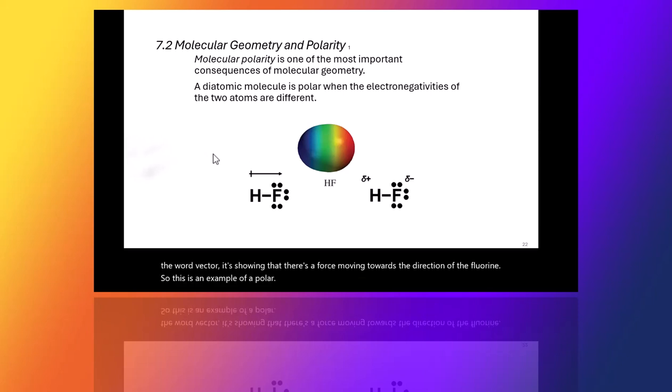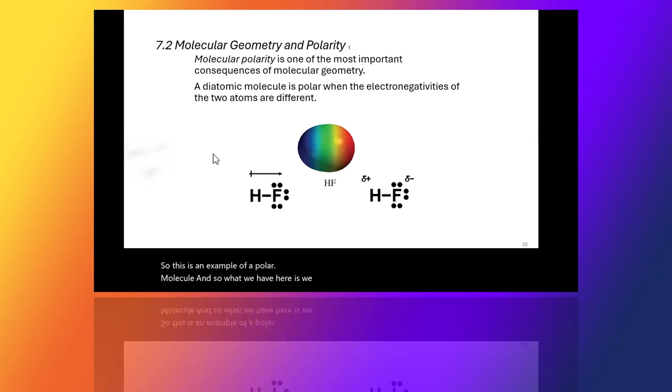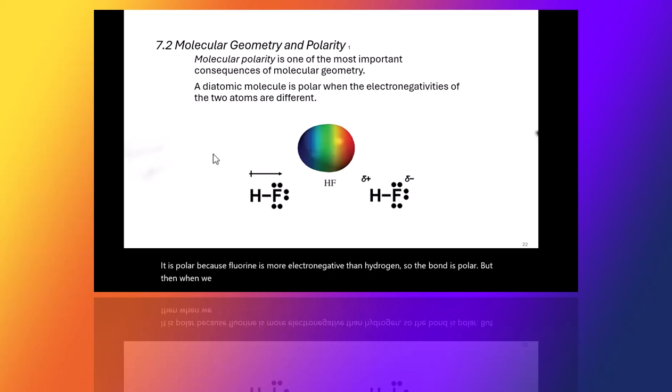And so what we have here is a linear molecule. It is polar because fluorine is more electronegative than hydrogen, so the bond is polar. But then when we combine the geometry with the bond polarity, we see that the molecule itself is polar, that it has a positive and negative end to it. So this is about the simplest of the polar molecules.